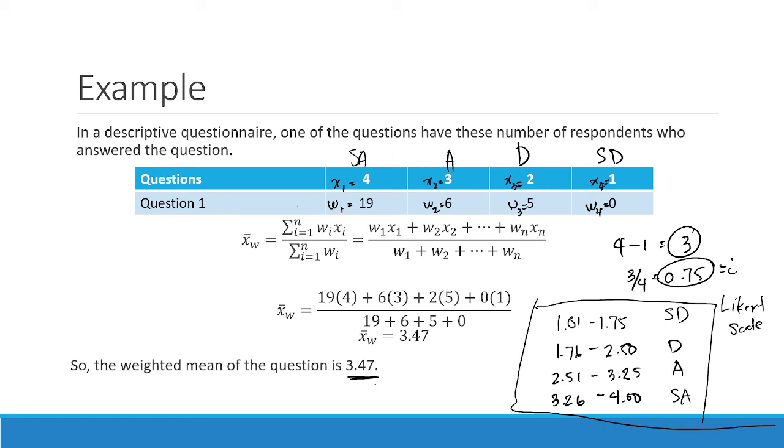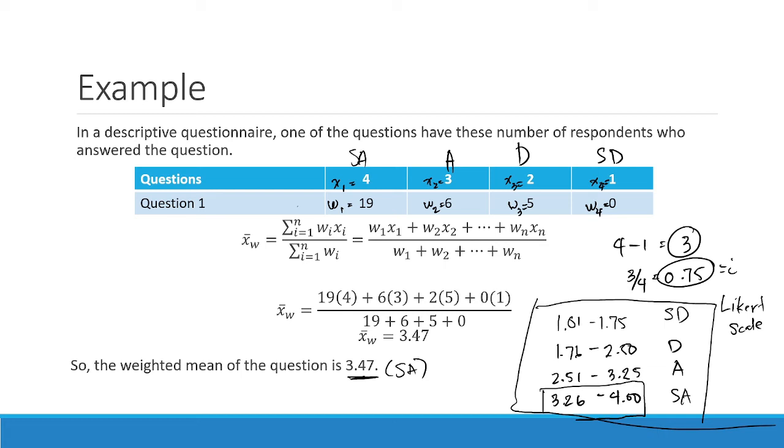And since 3.47 falls under 3.26 and 4.0, ang ibig lang sabihin nito, ang value nitong 3.47 is strongly agree. So for question number 1, having this weighted mean of 3.47, we have here a response which is strongly agree. Okay. Hopefully, magamit nyo to in the future kapag kayo mag-conduct ng research regarding kapag kayo nagsisurvey. Okay?